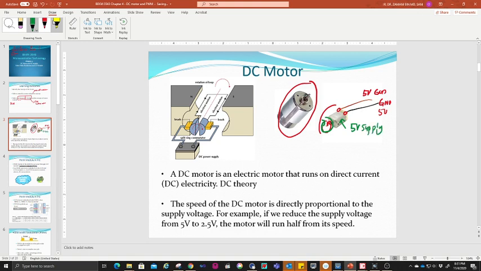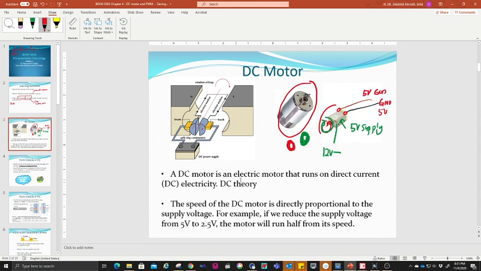If for example the motor needs a 12 volt supply, then 5 volt is not enough to turn it on. So once you put 5 volt it will turn like this, and if we change the values, it will turn the other direction, counterclockwise or clockwise. That's the concept.